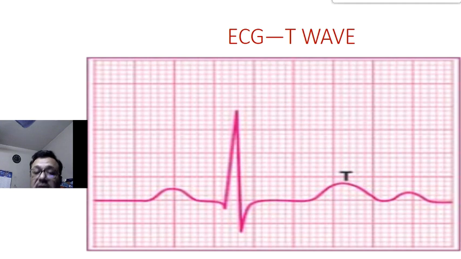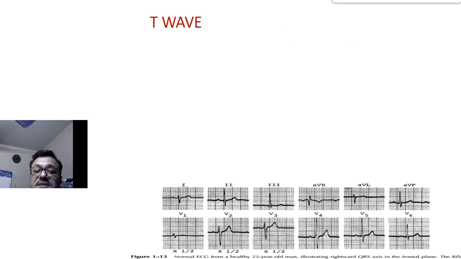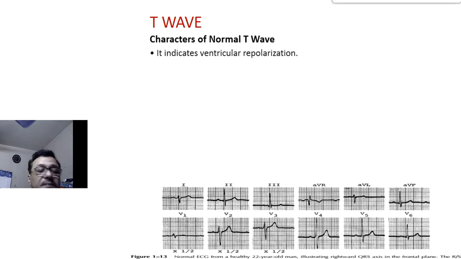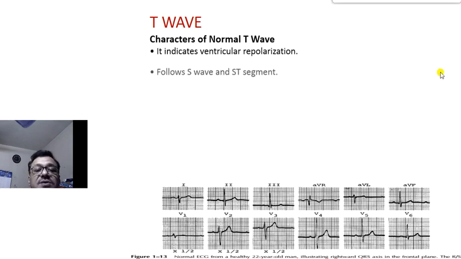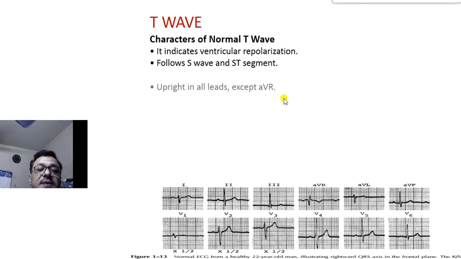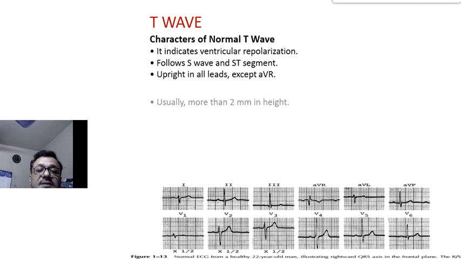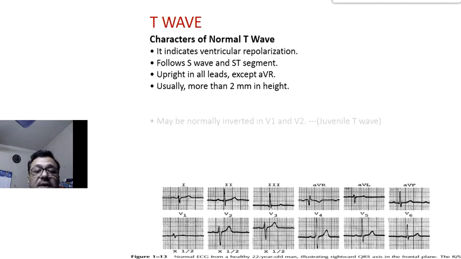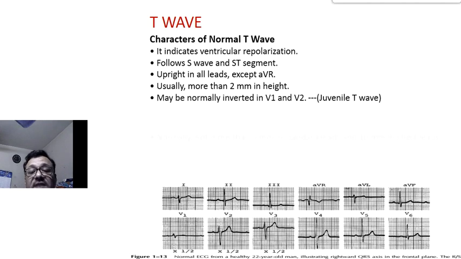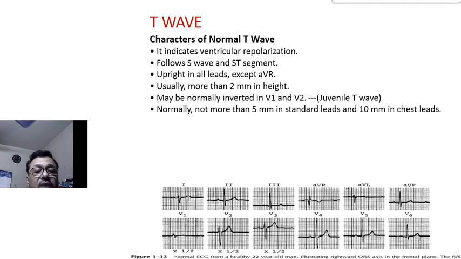Now see the normal characteristics of the T wave. It represents ventricular repolarization, follows the S wave and ST segment, and is upright in all leads except aVR, usually more than 2 millimeters in height. It may be normally inverted in V1 and V2, that means juvenile T wave. Normally it is not more than 5 millimeters in standard leads and 10 millimeters in chest leads.